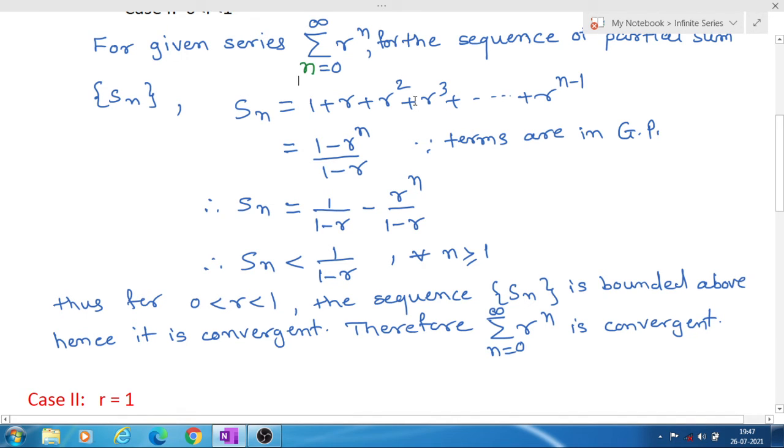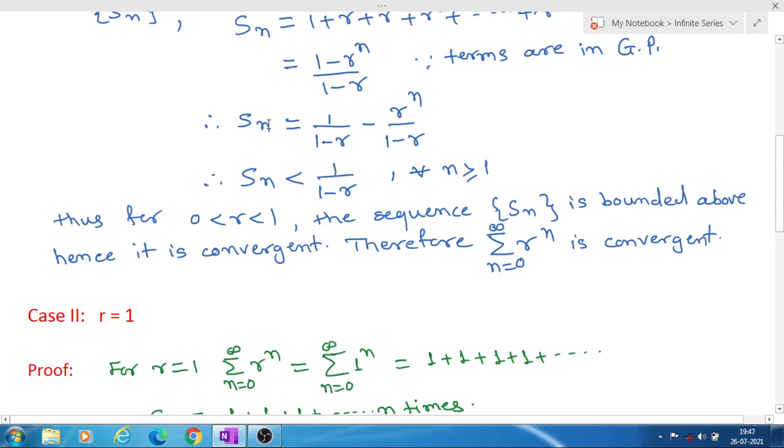Therefore these terms are in geometric progression, and we know the formula for the sum of n terms of a geometric progression is 1 minus r raised to n divided by 1 minus r.